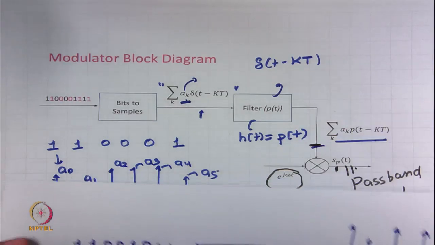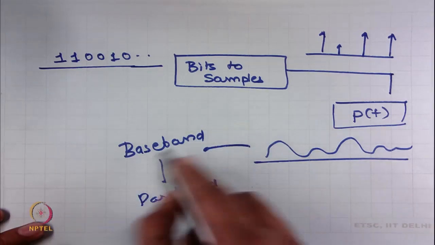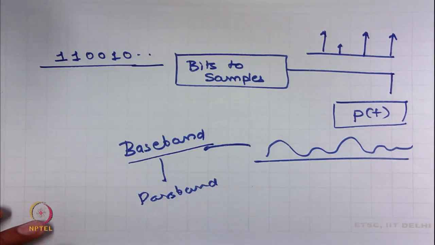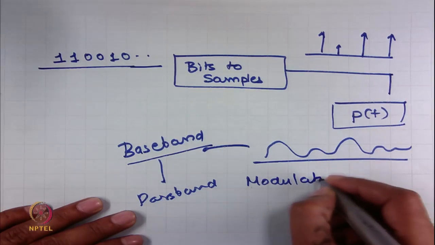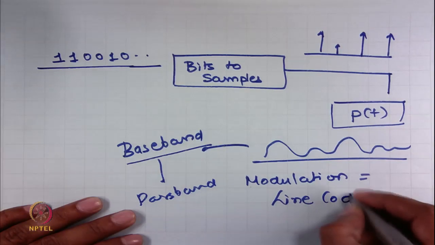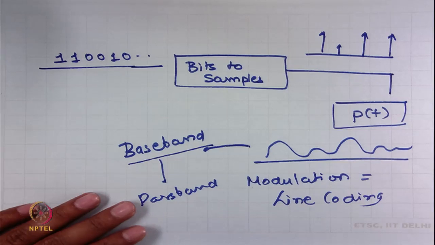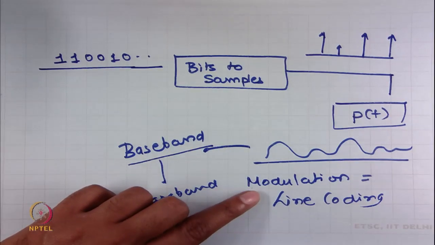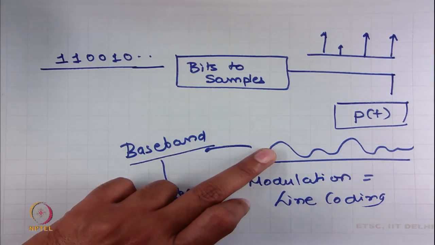And the second point is that if you have a baseband signal available at the output of the modulator, then modulation is referred to as line coding, because now the job of a modulator is just to produce the waveforms which are suitable for baseband channels.